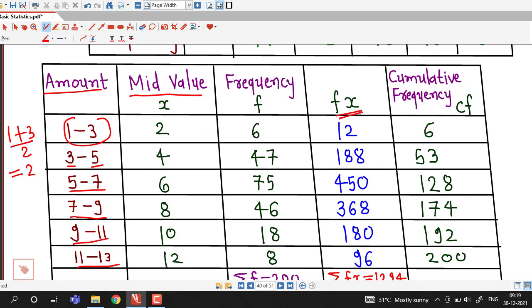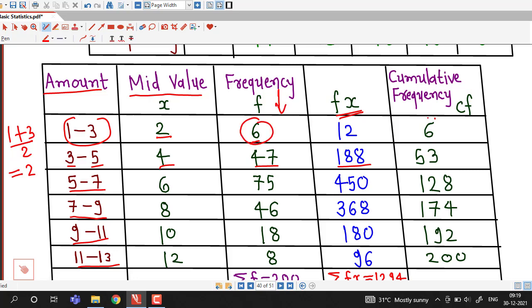Then this column is the product of f and x, that is 2 into 6, 12, 4 into 47, which is 188. So these products are written in this column, and this last column is for cumulative frequency, which we calculate from these frequencies by adding up.